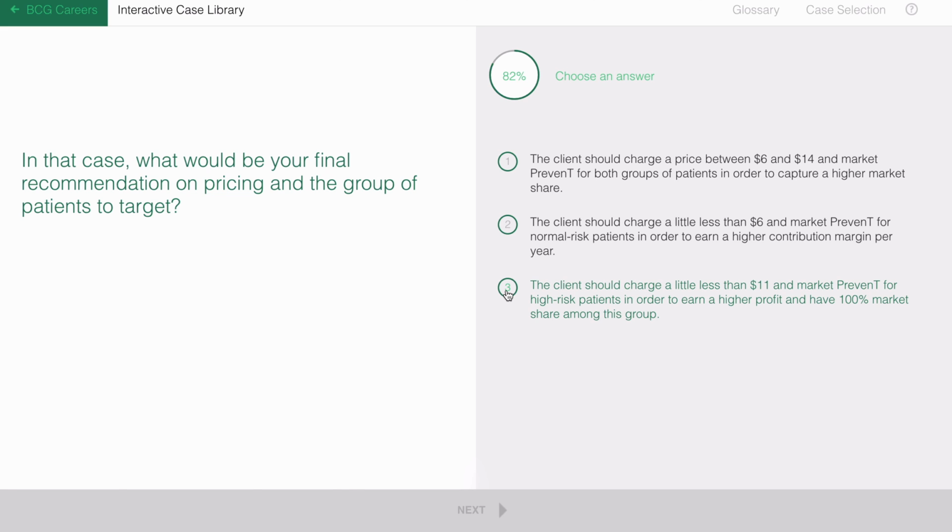And finally, it states the rationale for why we are pricing it at $11 and not $14. We've reduced it by $3 so that we can take Clearvanax out of the market and capture 100% market share. So I think answer choice 3 here clearly summarizes all of the takeaways and rationales of coming up with the price and the customer segment to focus on.